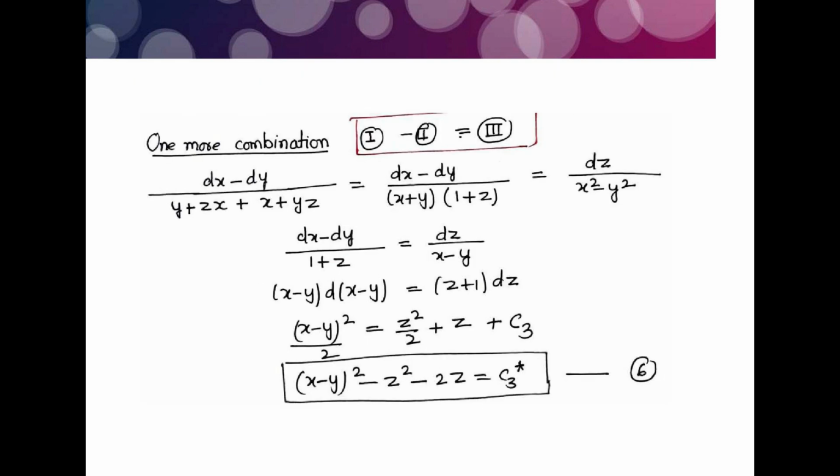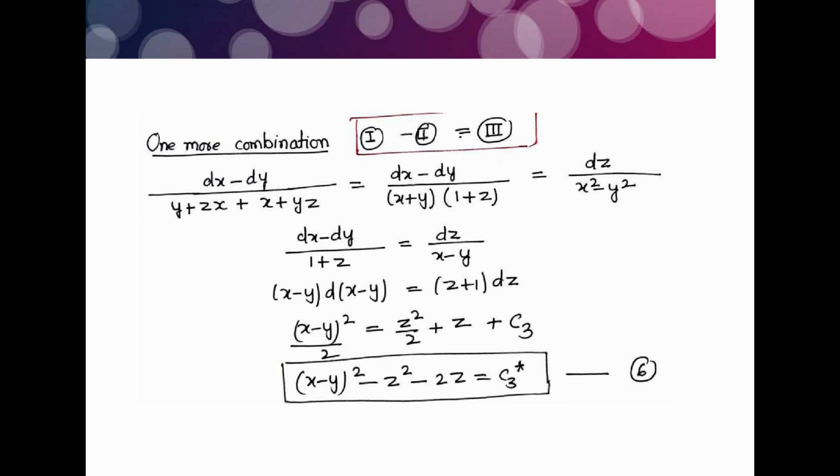Here I am discussing one more possible combination. We can take the difference of first expression and second expression, that is ratios in the auxiliary equation, and then we can compare that with the third ratio dz. So if we subtract dx and dy terms, we get dx minus dy over x plus y into 1 plus z.